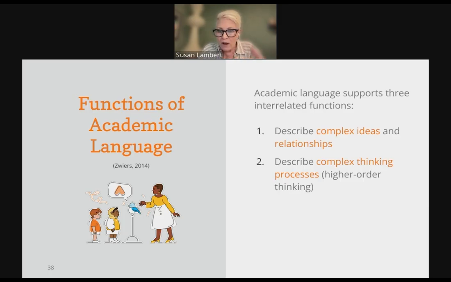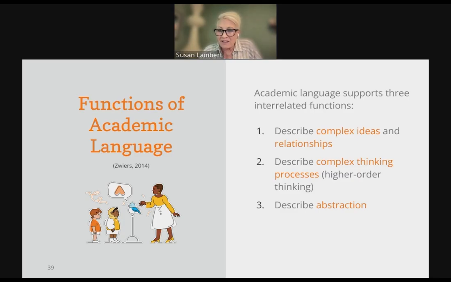But if I do have the depth of knowledge, and that academic language will help me then describe those complex thinking processes. So it's not just about ideas and relationships, it's about how we're thinking about those ideas and relationships. And this is really important because, as you can hear, I've been talking about concepts that are rather abstract, right?